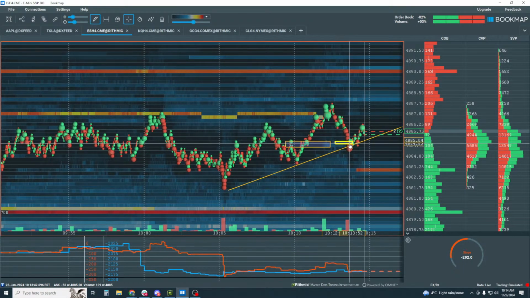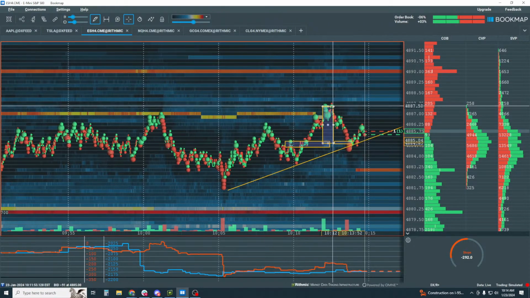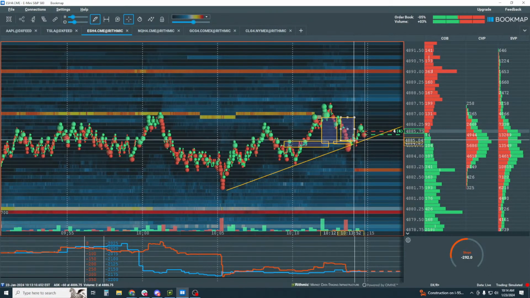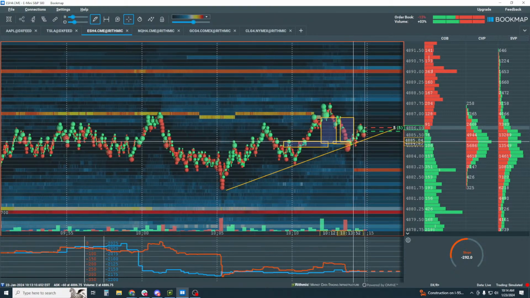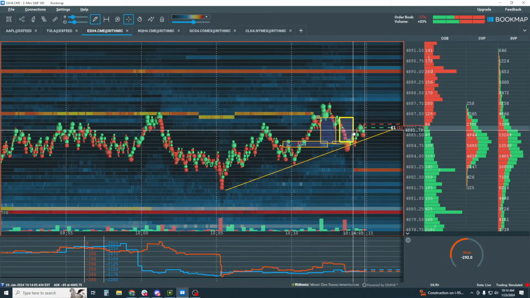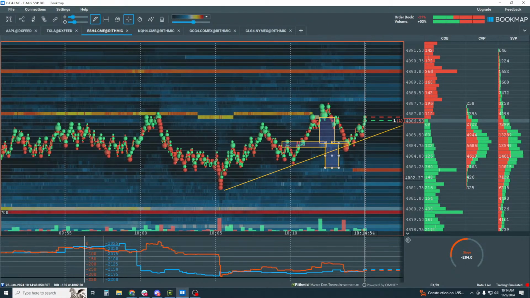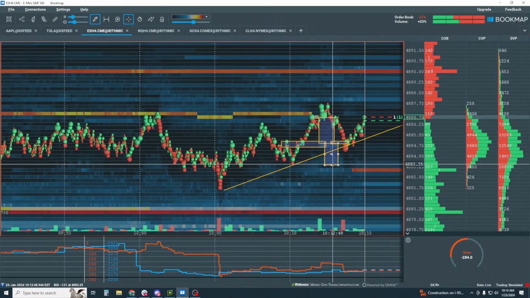All right, so let's go through an example. So suppose that you took some off up here, right? So that would be your move. Okay, well, at that point, you may consider moving your stop to here then. Okay, and let's go up one tick. That would be your break even plus 1, right?